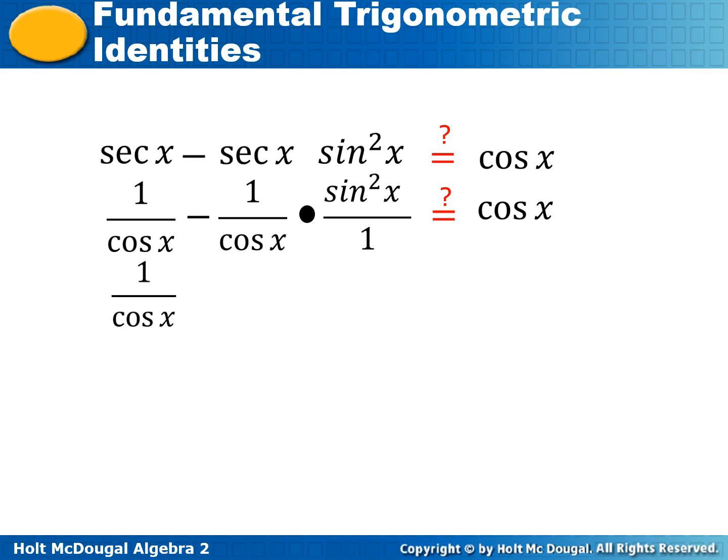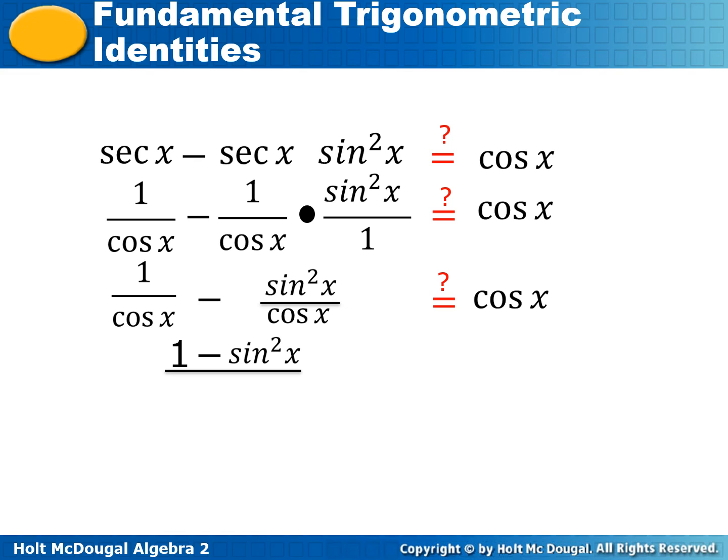So from here, we are going to have 1 over cosine x minus sine squared x over cosine x. Because we have the same denominator, we can subtract the numerators. So 1 minus sine squared x over, copy the same denominator, cosine x. Is it really equal to cosine x?